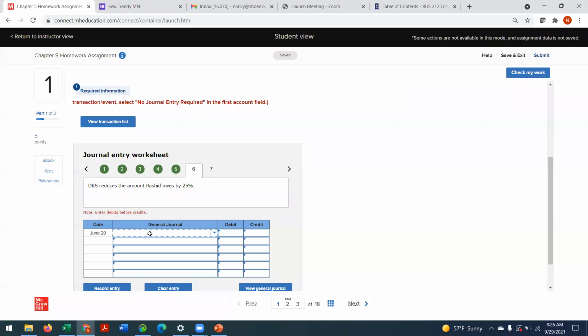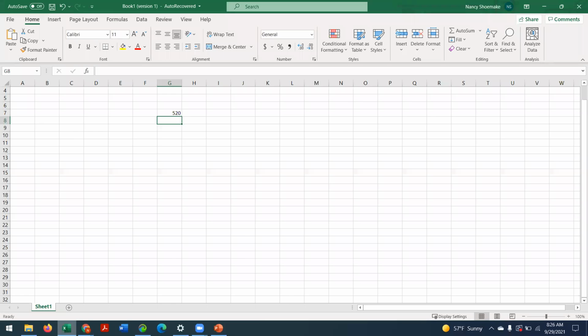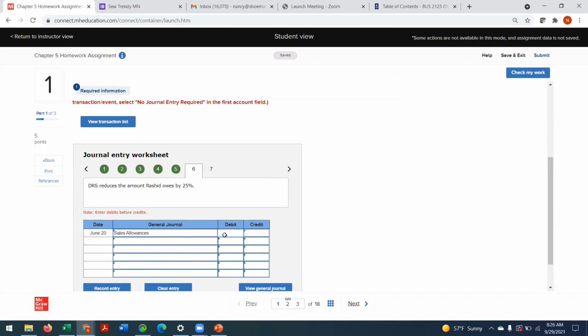So this journal entry, guys, would be sales allowances of 520. And we are going to credit the accounts receivable because he no longer owes that amount anymore. Right?